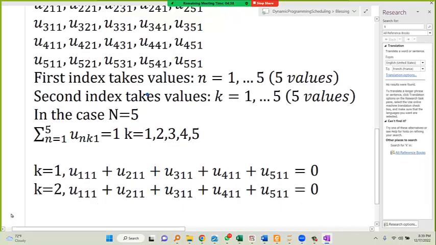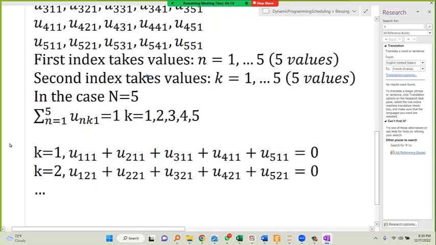That will be for the second one: u_121, then u_221, and so on, u_421, u_521.